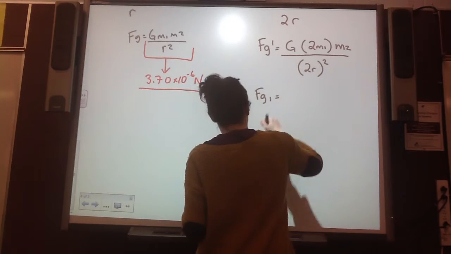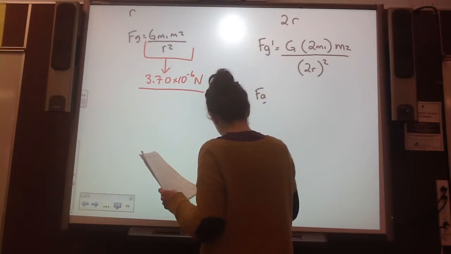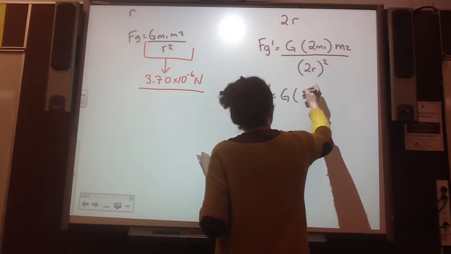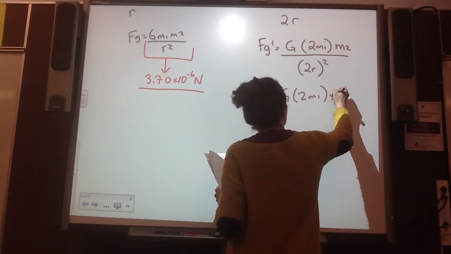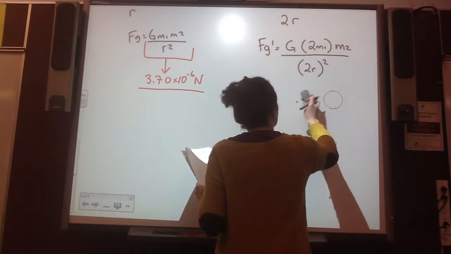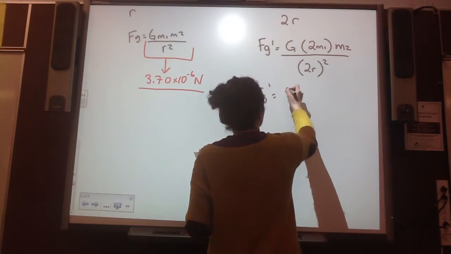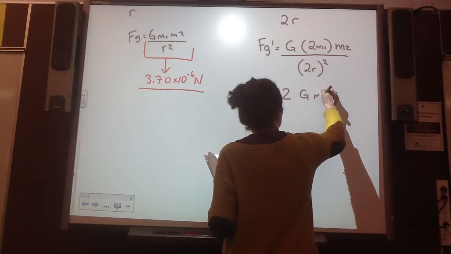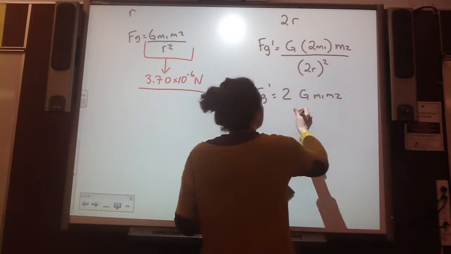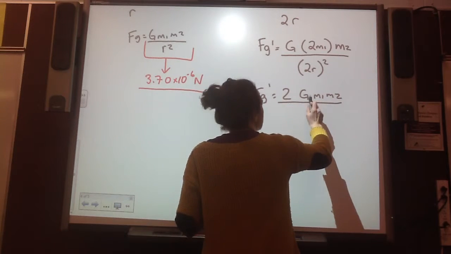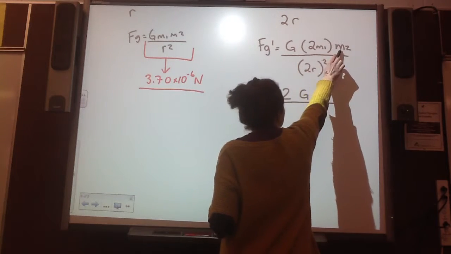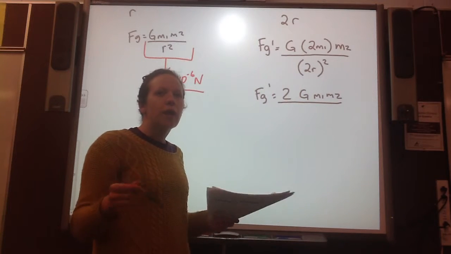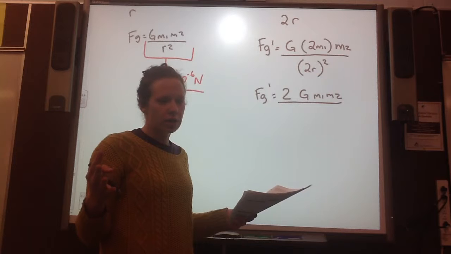So Fg prime, not Fg1, Fg prime is equal to G. Actually, what I'm going to do is put this 2 out here and say G times M1 times M2. This top fraction means the same thing as this top fraction. I just put the 2 in a different spot. You can do that because you're just multiplying everything on the top.